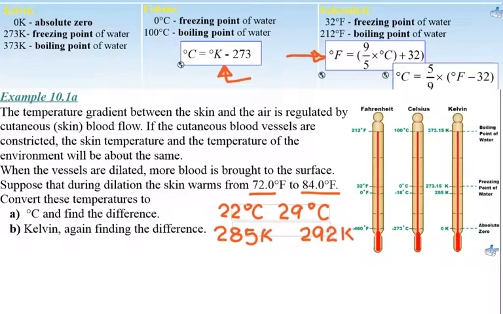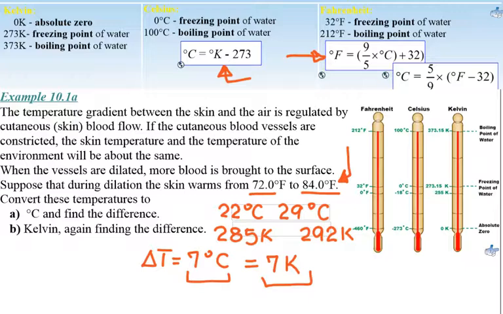And again, the difference between them is 7. So the difference in temperature is 7 degrees Celsius, or it is 7 Kelvin. And you see, it doesn't matter whether you converted one into another. You're just not allowed to leave them in Fahrenheit, because you have to convert them.